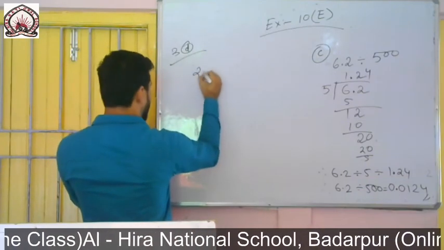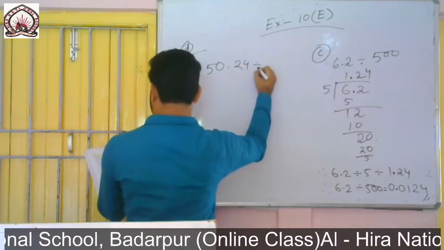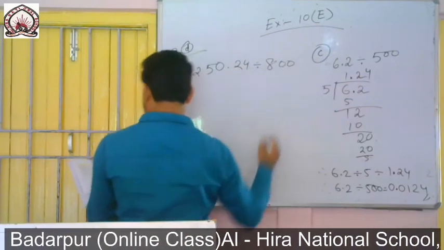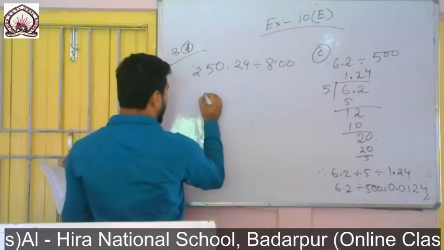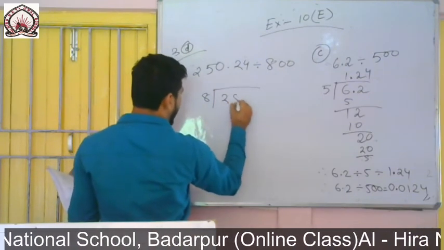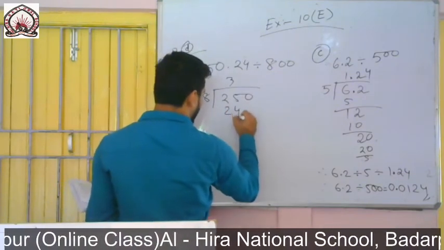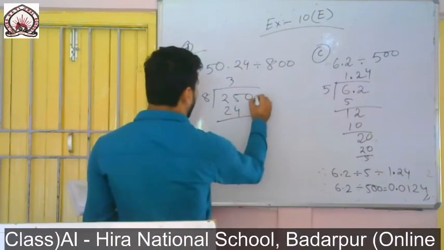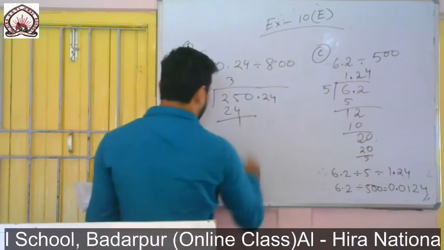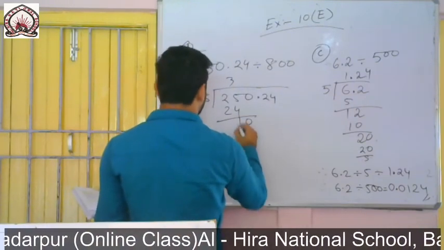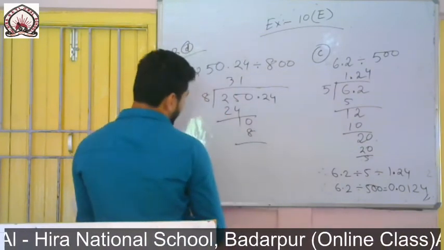Number D, 250.24 divided by 800. Now divide by 8 first. 250.24. Then 1, so 1 is not divisible, we will take 0. Then 8 1s are 8.